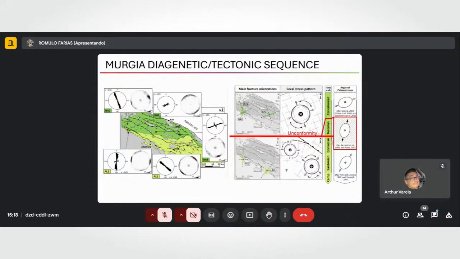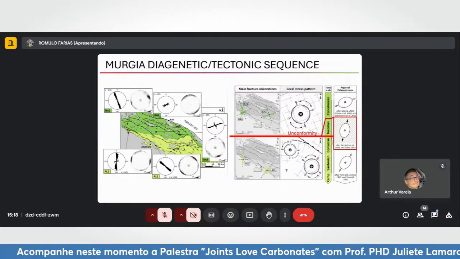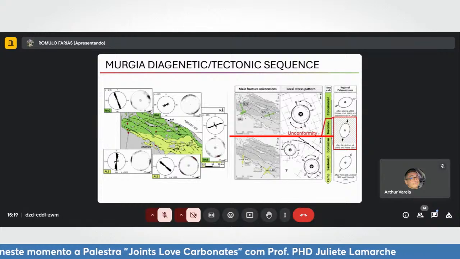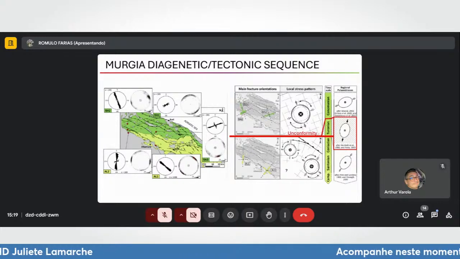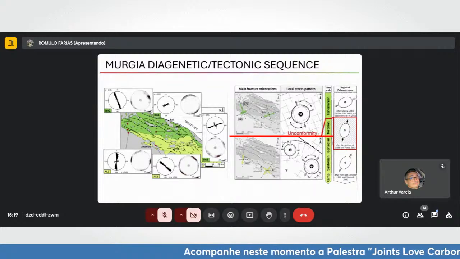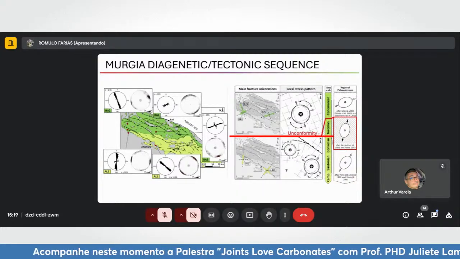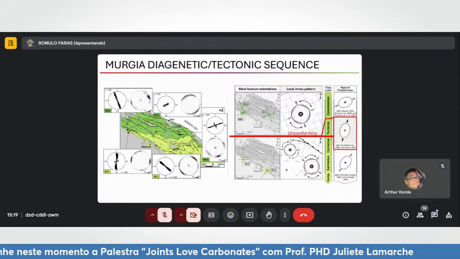In between both units, we have a small unconformity with a hiatus, a small gap. In between, there was a little bit of tectonic compression. But the big difference is that in the lower Cretaceous, we had northeast-southwest oriented extension with vertical sigma 1, and here it's more east-west.